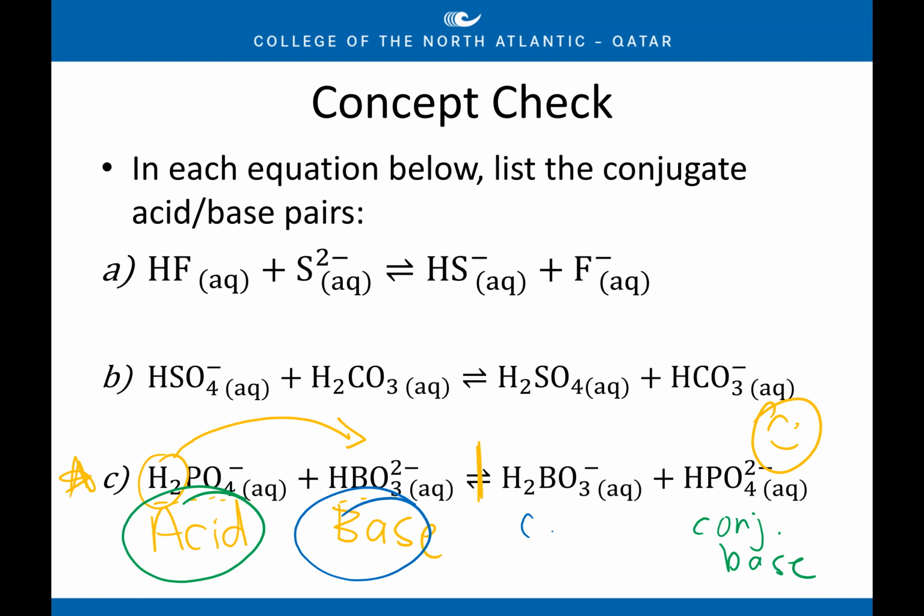This base becomes the conjugate acid. So acids become the conjugate base, bases become the conjugate acid. I'm laughing because I know that this can sound confusing, but I hope this makes sense to everybody.